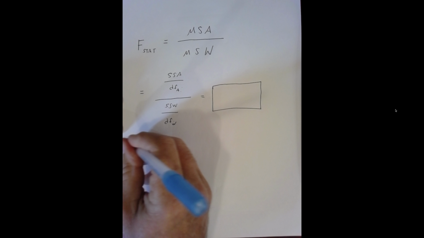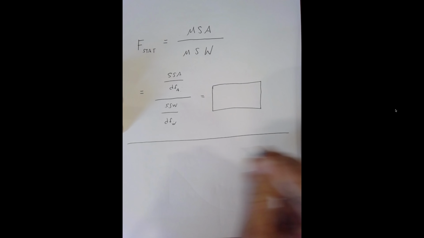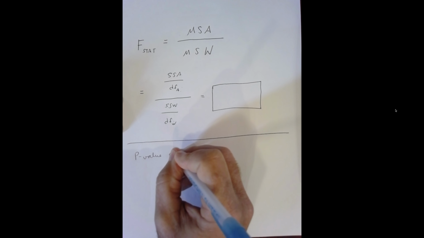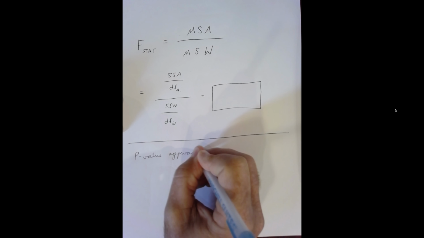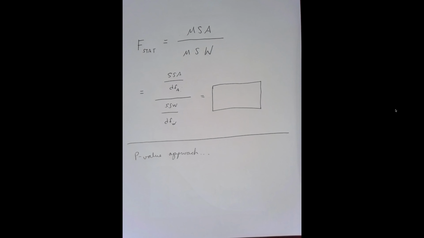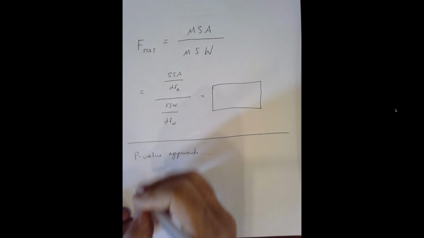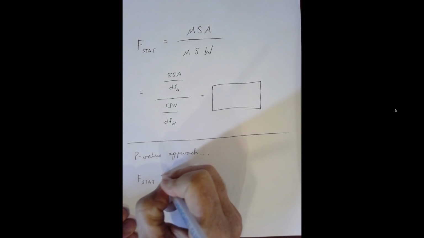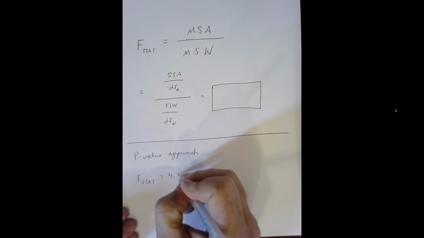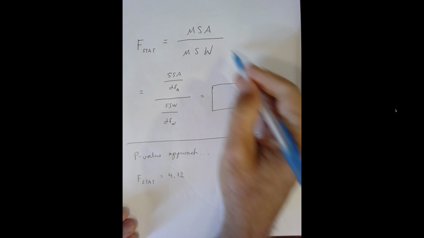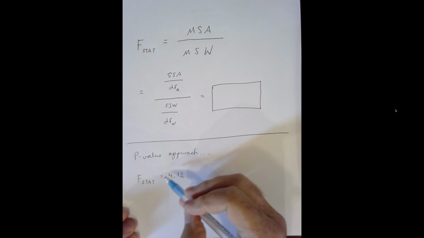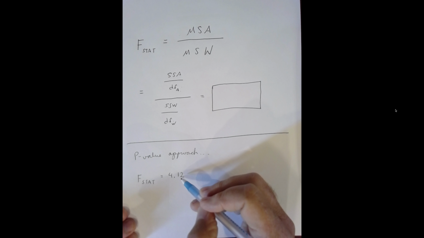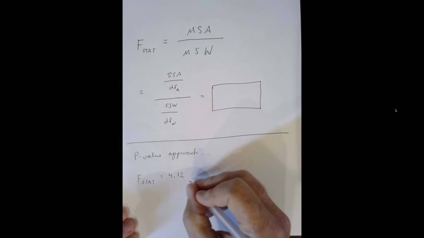Now, what we'll typically do, though, is we won't use the critical value approach. We will use the p-value approach. So let's say that our F statistic turns out to be 4.12 after all the smoke clears from this calculation right here. Our F statistic, not our F critical, turns out to be 4.12.